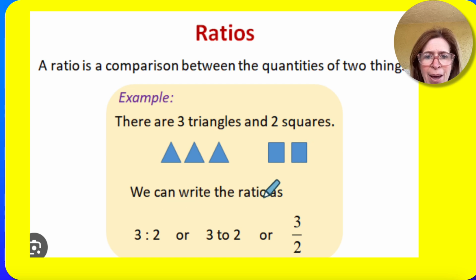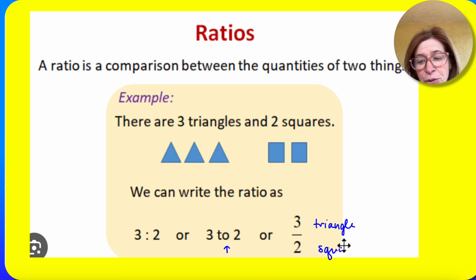We can compare them as 3 to 2, or we could write it as a fraction, 3 over 2. When I write it as a fraction, you just want to make sure you recognize that this would be the triangle part, and this would be the square part. Now, there are other ratios I could write here. I could say how many triangles to all of the figures there. But this is basically what a ratio is.